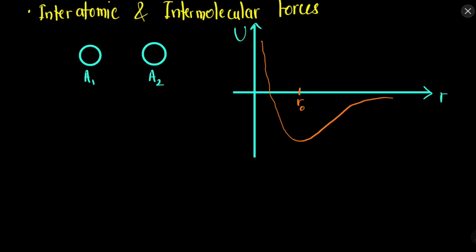So there is this one location at which the potential energy reaches its minimum value, and at this location the two atoms are neither attracting each other a lot nor repelling each other a lot.